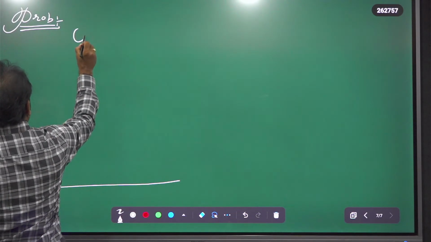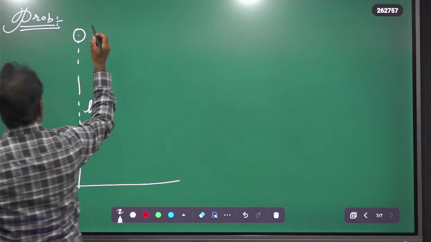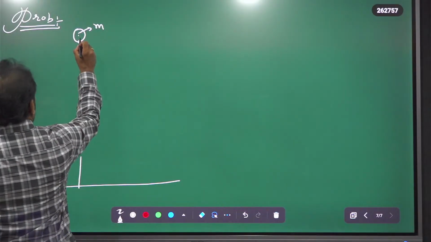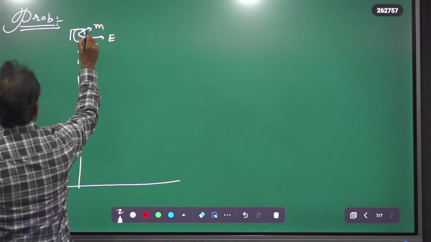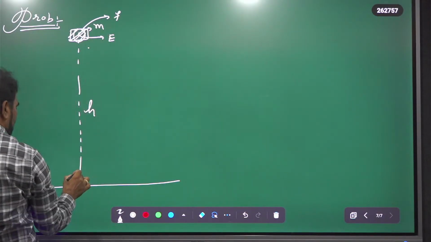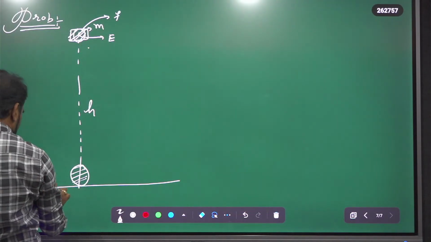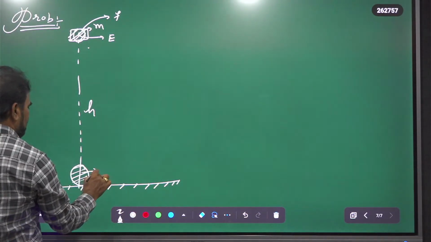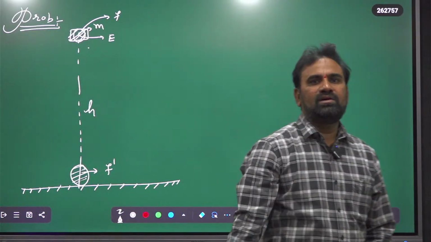The photon is at a height of h from the surface of the ground, and it has some amount of mass also, and some amount of energy E. Here at this point it is vibrating with the frequency f. When it falls onto the ground, its frequency changes to f dash.